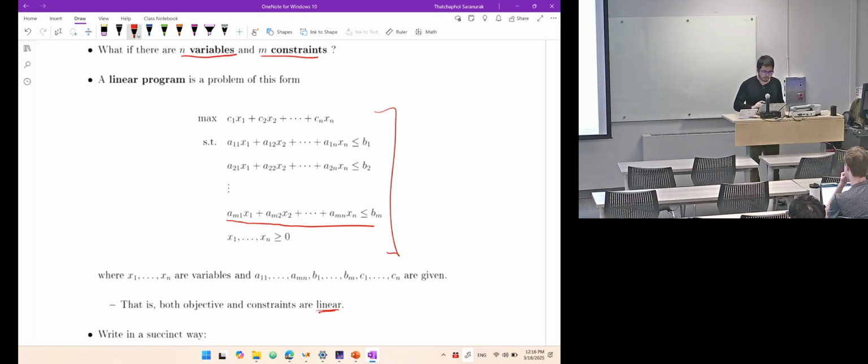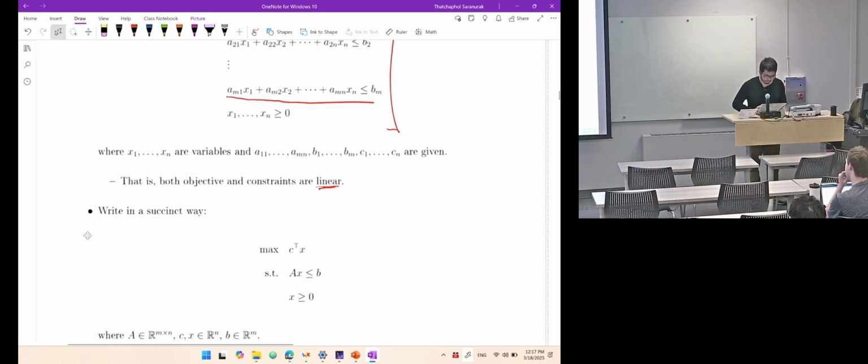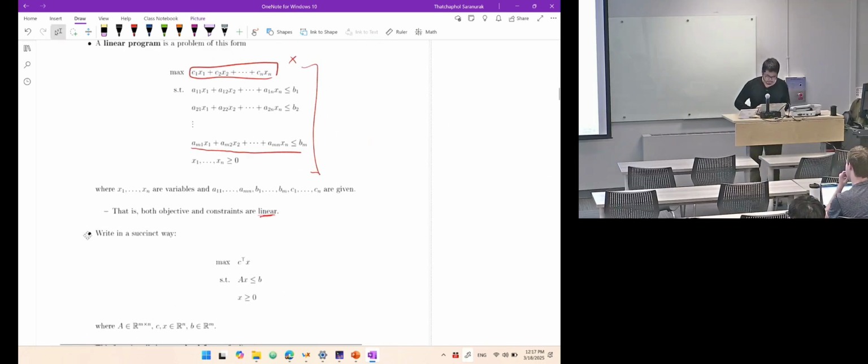And with this, you can write it in a succinct way. If you think of x as a vector that encodes x1 to xn, and c as a vector that encodes c1 to cn, the objective is just the inner product between c and x.